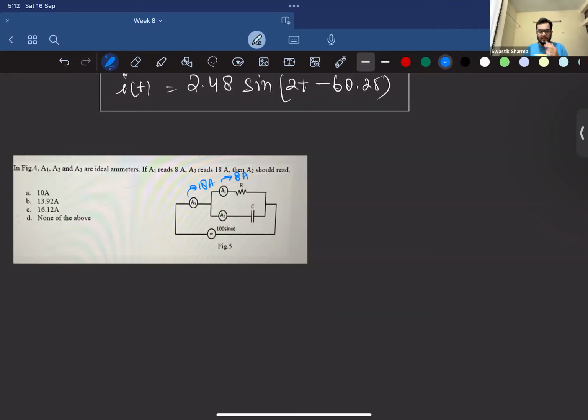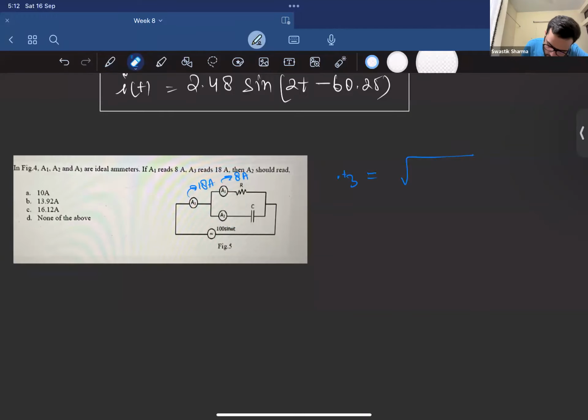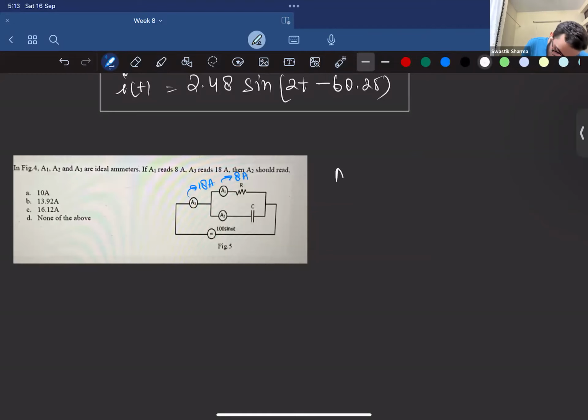Now, ammeters always calculate the root mean square value, right? So since A3 calculates the root mean square value, it would calculate the square root of the sum of squares of the individual A1, A2.